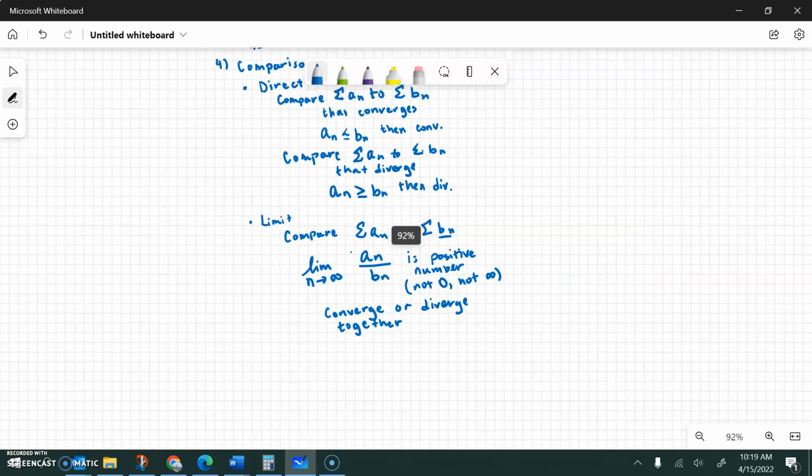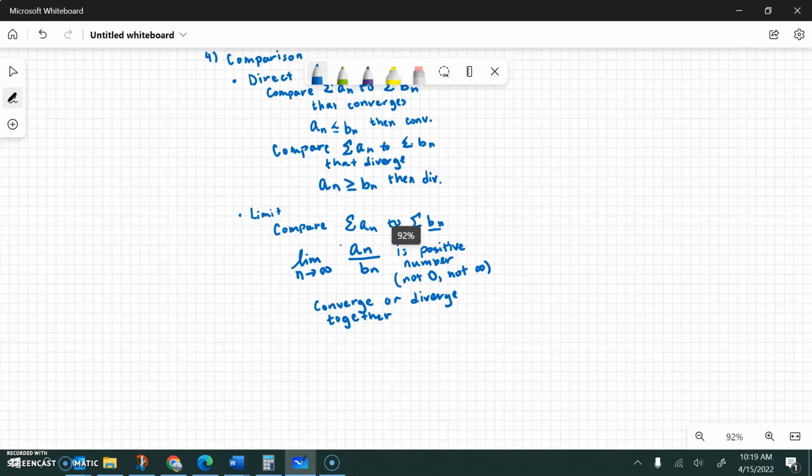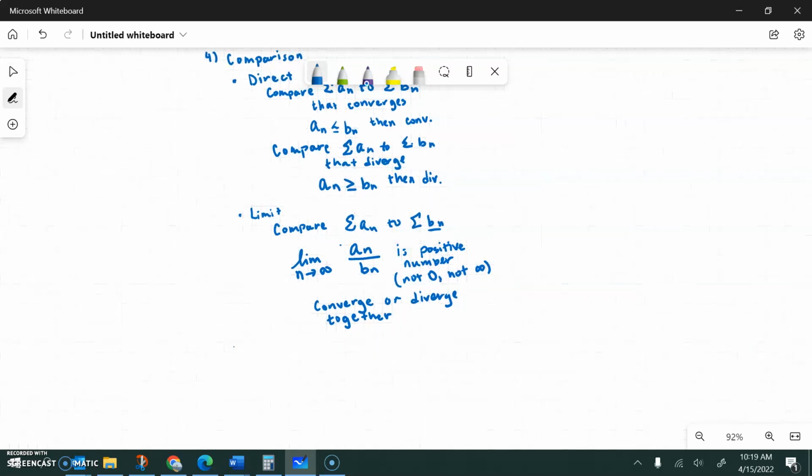And then maybe you look at your series and it looks a lot like something that you could integrate. And that would be the integral test. And when I say you could integrate, I mean you can find an antiderivative.